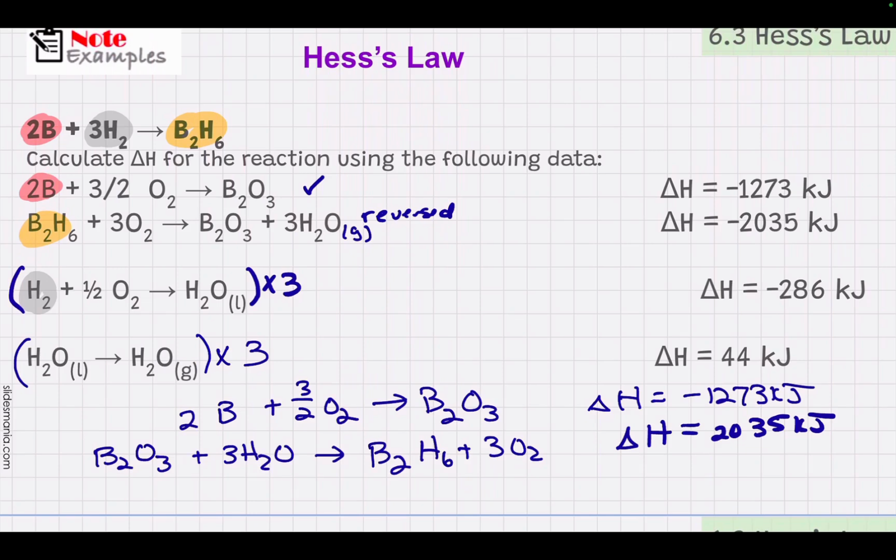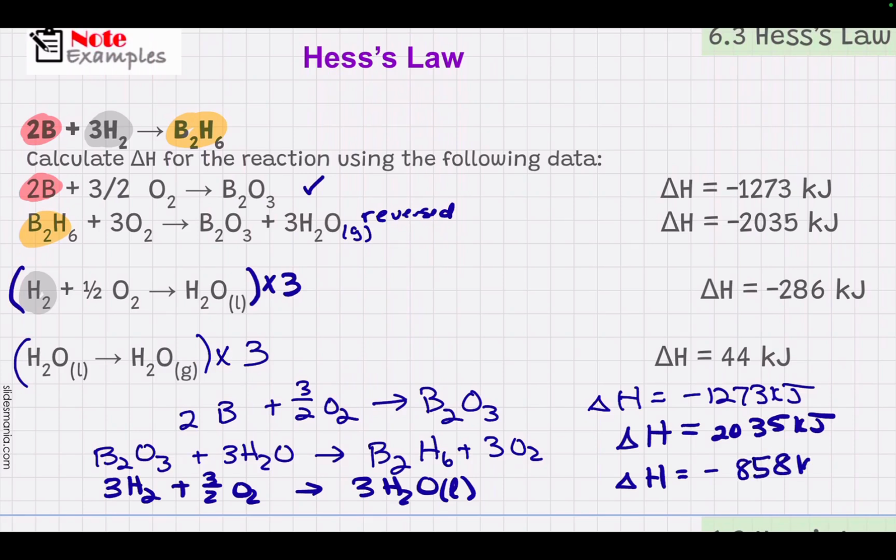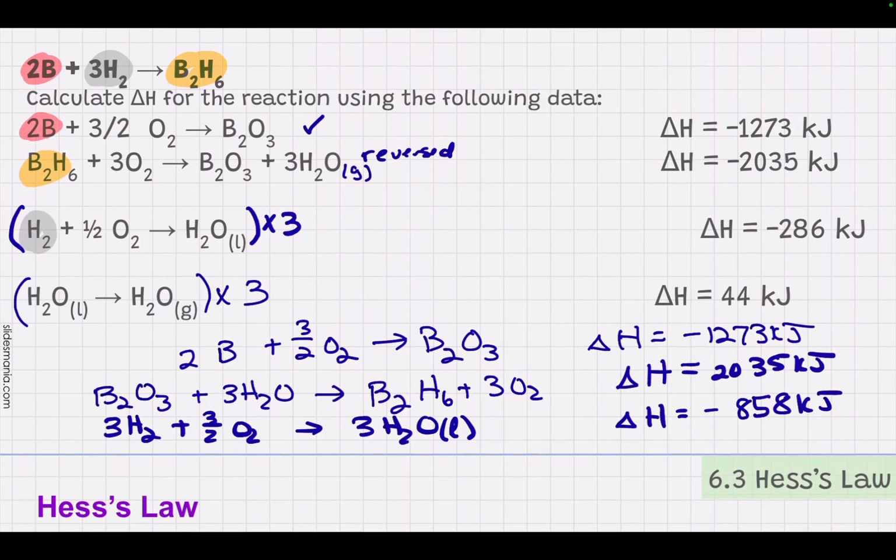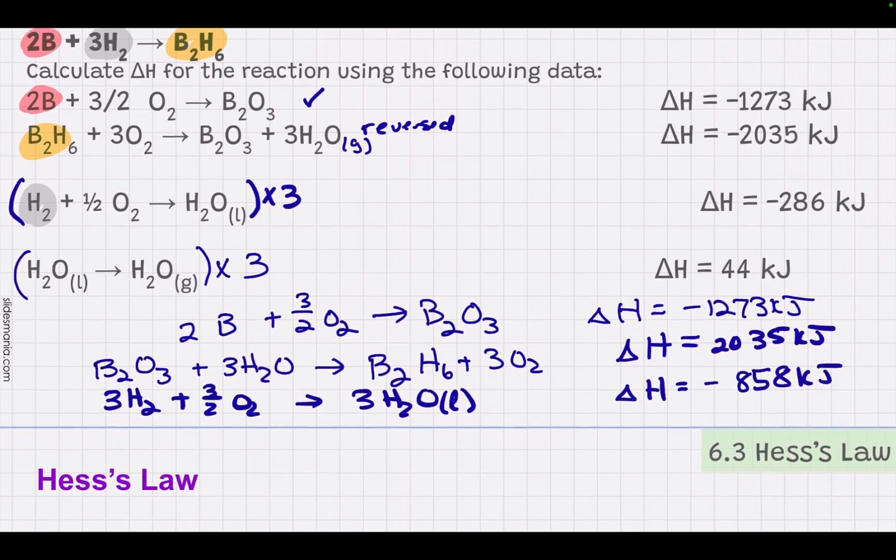Third reaction is multiplied by 3. And our delta H is also multiplied by 3. So we end up with negative 858. And then the last one, just wait. We're also going to multiply by 3.